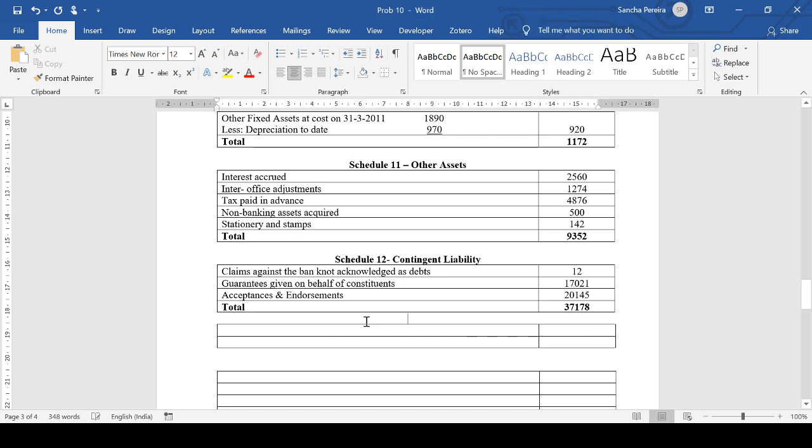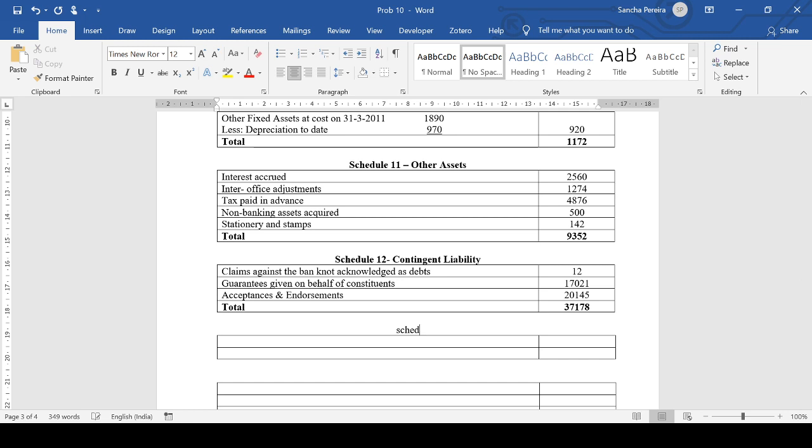Now we move on to schedules in the profit and loss. Schedule 13, which is interest earned. Which are the items here?